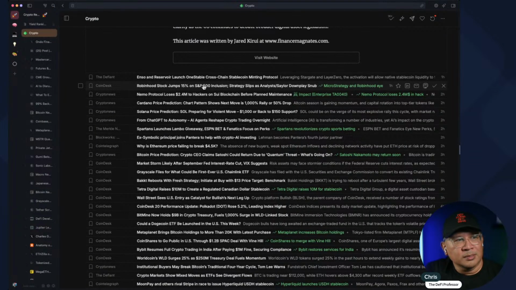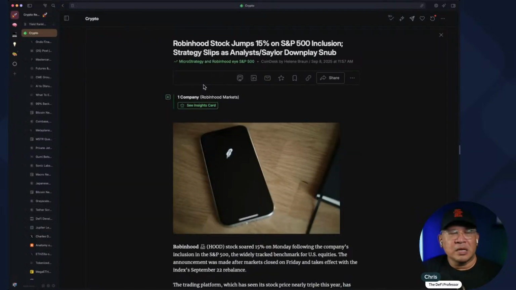Yeah, so the fun story from last week is there's an opening on the S&P 500. Robinhood was there, but there was a chance that MicroStrategy would have gotten that spot as well. Well, it probably wouldn't have happened.